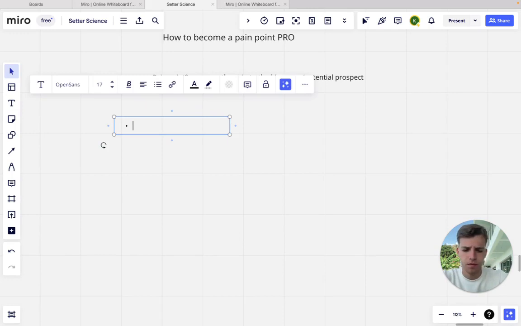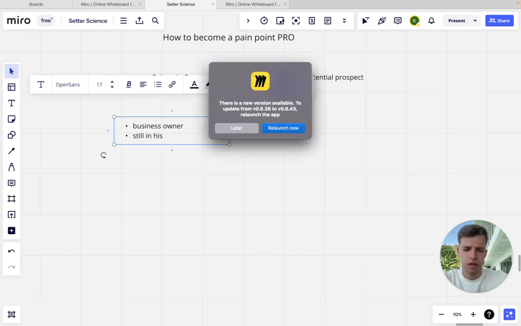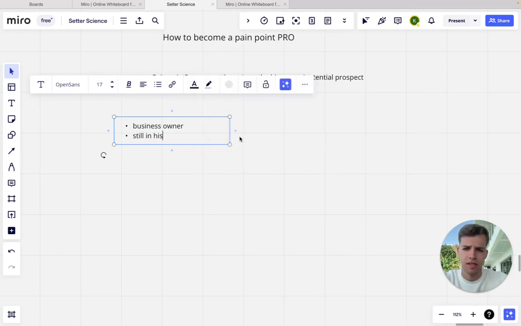Let's say we have a business owner that we outreach to. We are working for a B2B company, let's say. He is still in his 9 to 5 because he wants to have a stable income until his business skyrockets, and in my opinion that's something completely normal before he actually starts making some serious cash with his business.